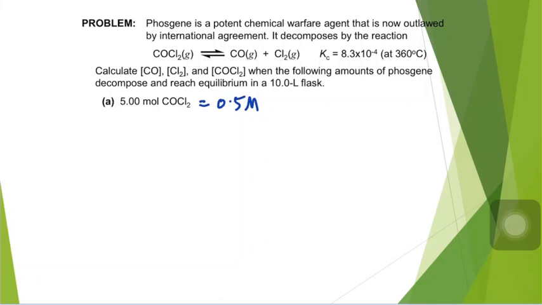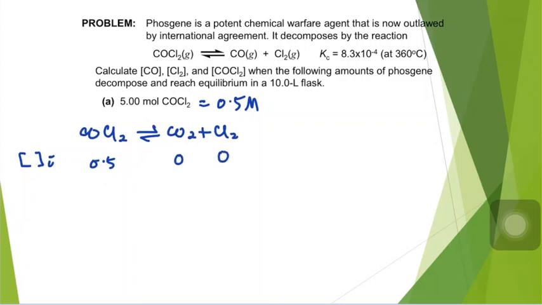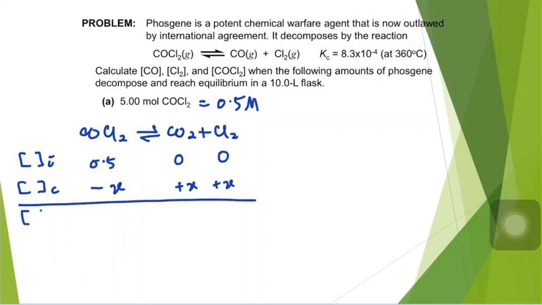So to solve this, we have to construct our ICE table. COCl2 goes to CO plus Cl2. The initial concentration is 0.5 molar, 0, 0. The change in concentration is minus x, plus x, plus x. The concentration at equilibrium is 0.5 minus x, x and x.